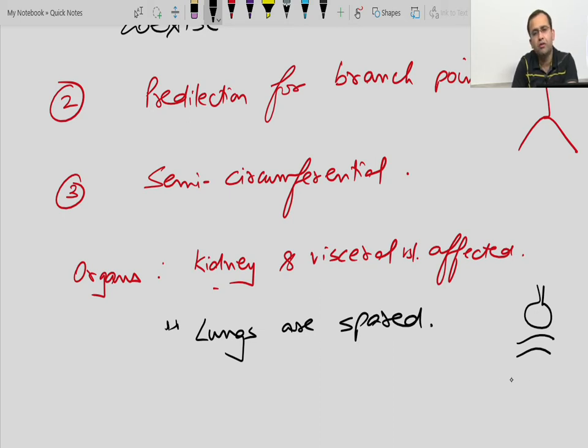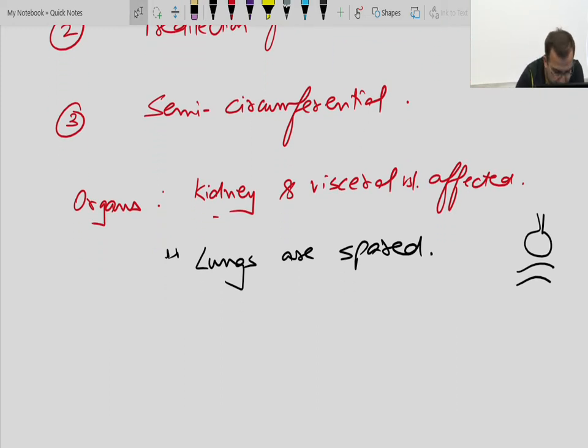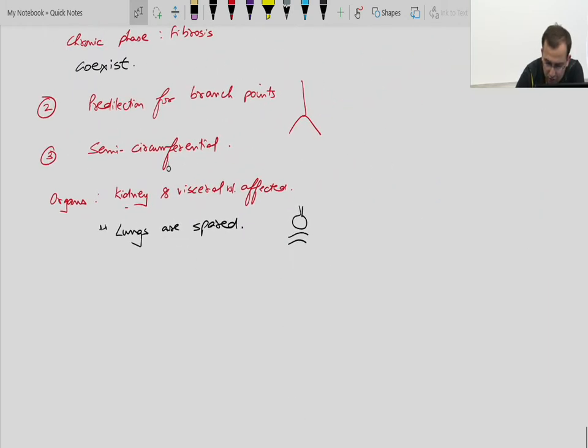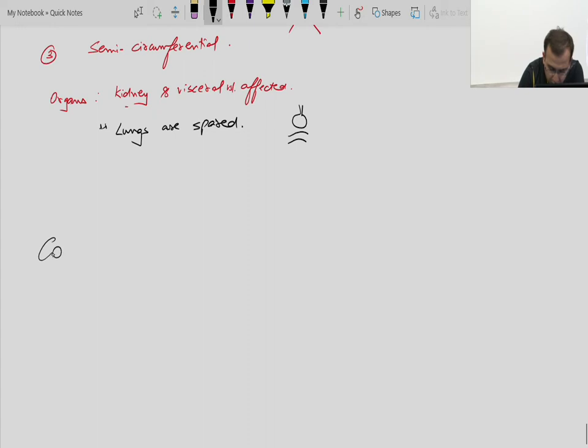So lungs are involved with small vessel vasculitis, not with large vessel, that is not with PAN. Next, this was PAN. This gets us to the next option that was asked in the question, that is contrast induced nephropathy.